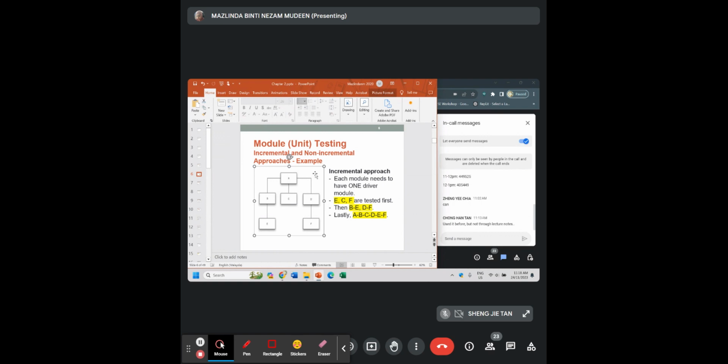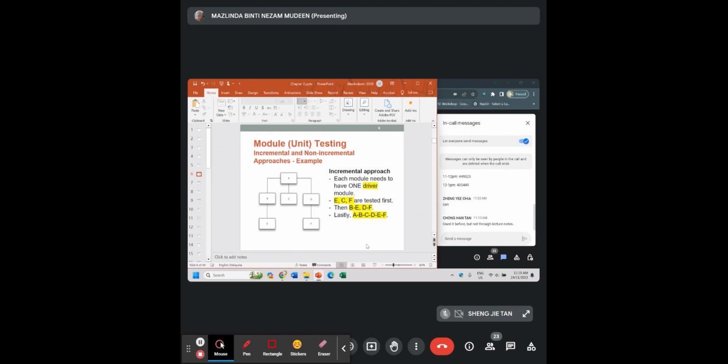If it's top-down, then we will start with A, then combine B, C, and D with A, and then combine E and F. Since the example here uses the bottom-up strategy, we will be using the driver. Whenever a dummy code is needed, we will use the driver because we need this dummy code to replace the higher level module so that it can call the lower level module.